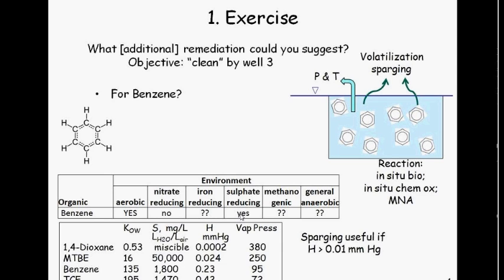So if we were going to use that as a directive, we'd probably pick aerobic in situ biodegradation. We might combine that with sparging because we're adding air, and air has oxygen. So in fact, we might be doing not sparging, but biosparging, where we get both biodegradation in situ and sparging.